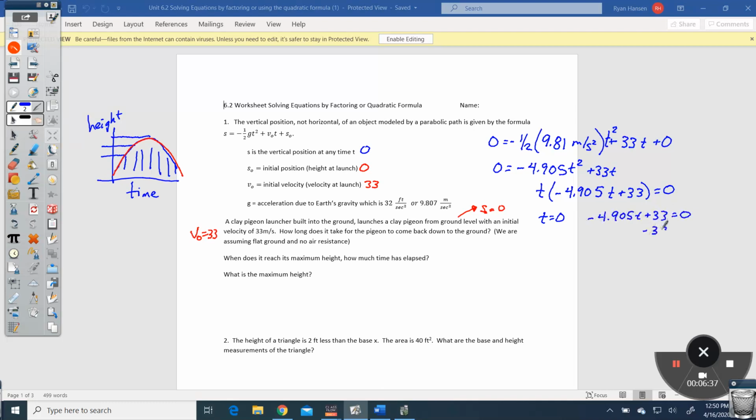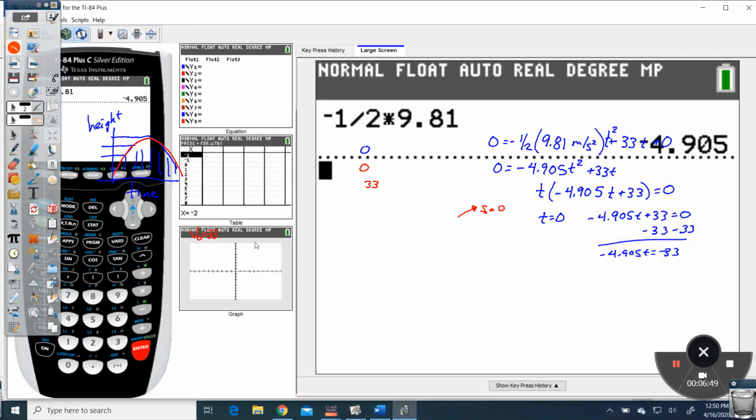So I subtract the 33 from each side. So negative 4.905 t equals negative 33. So I'm going to take negative 33 and divide it by negative 4.905.